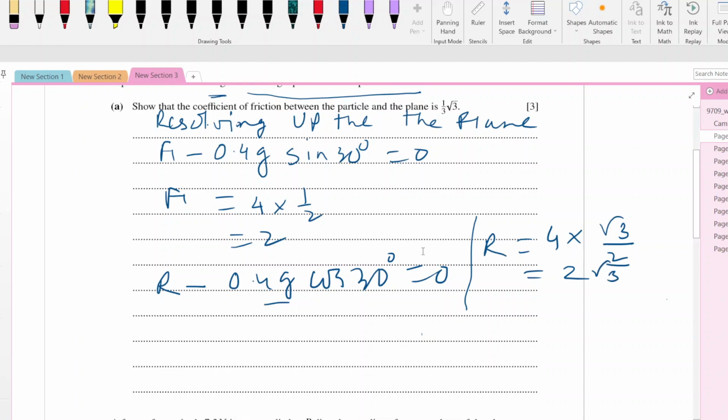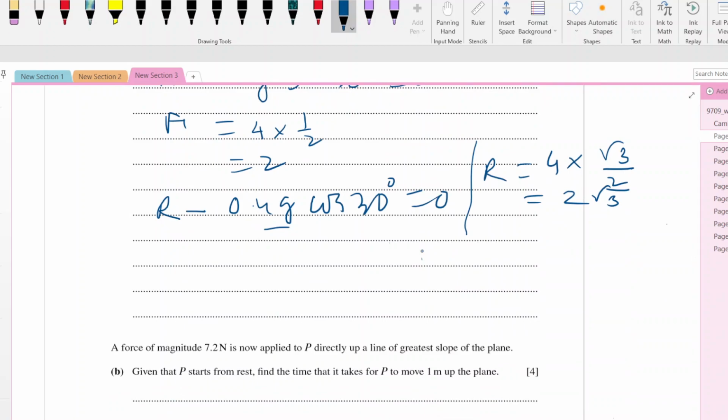Now F max equals mu R. Mu and R is 2 root 3, and here F is 2, and mu times 2 root 3.